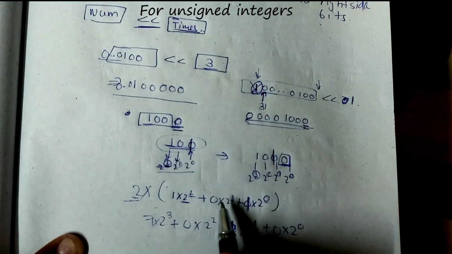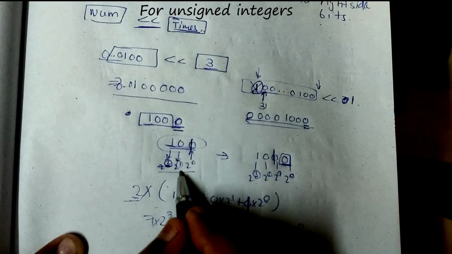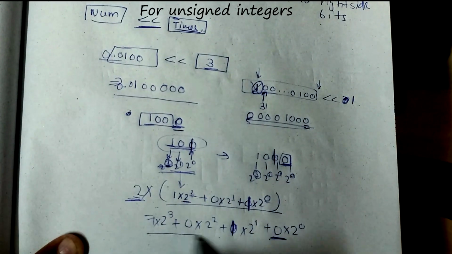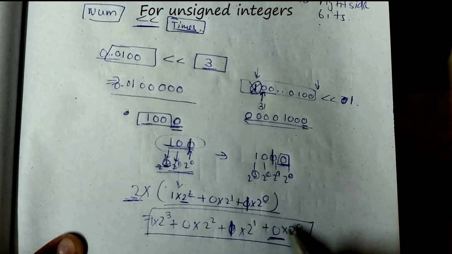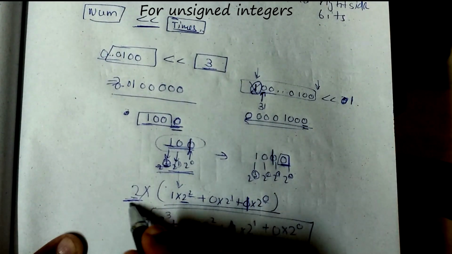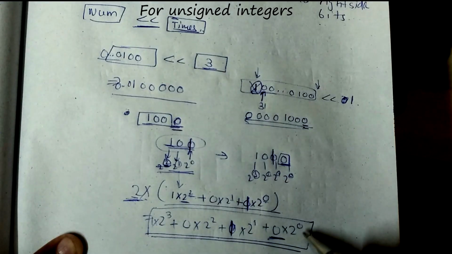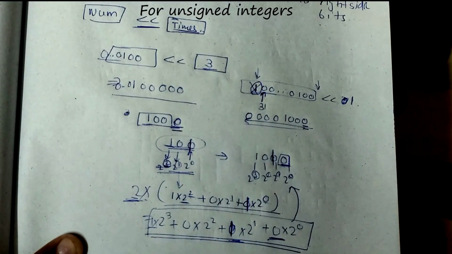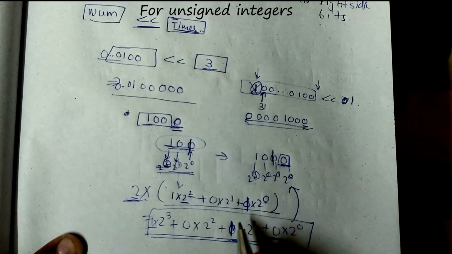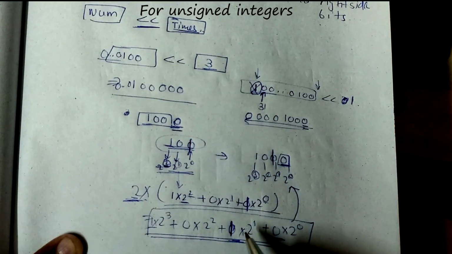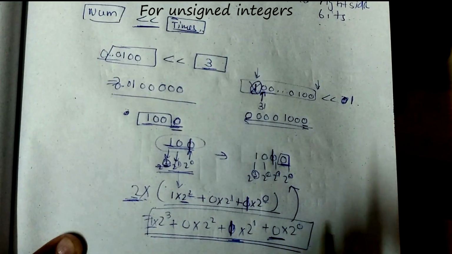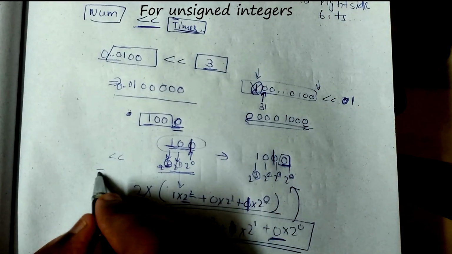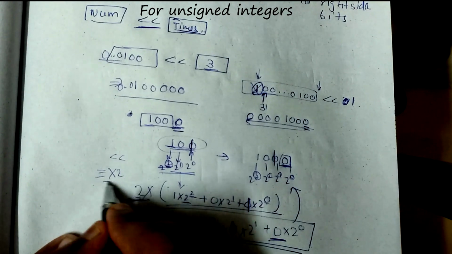That is the same as taking this and multiplying it by 2. As you can see, we multiplied it by 2, we got this, which is the same as this. I took 1 here just to explain that shifting left has an equivalent effect as multiplying the number by 2.